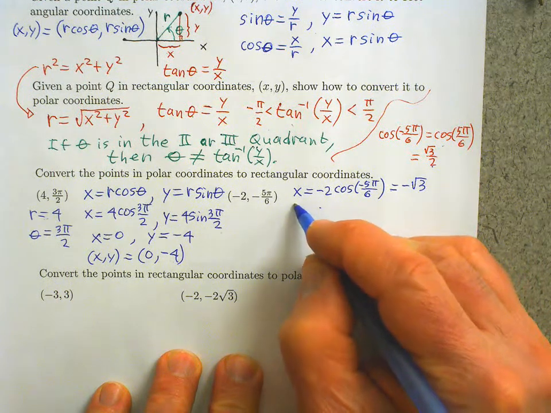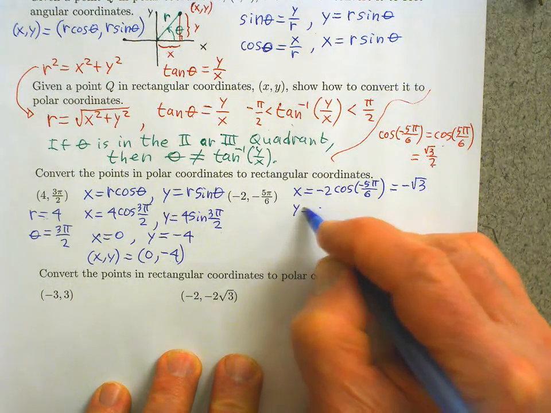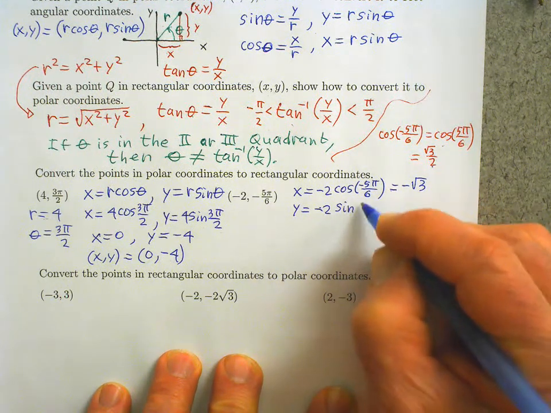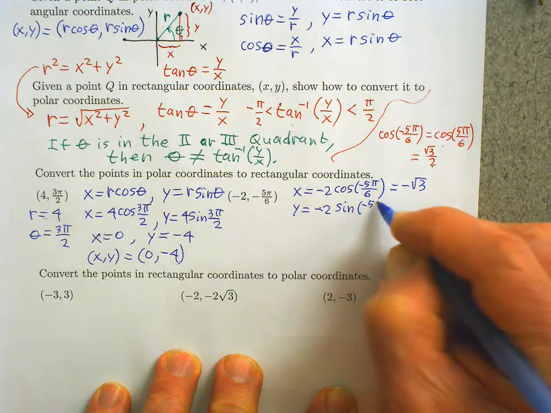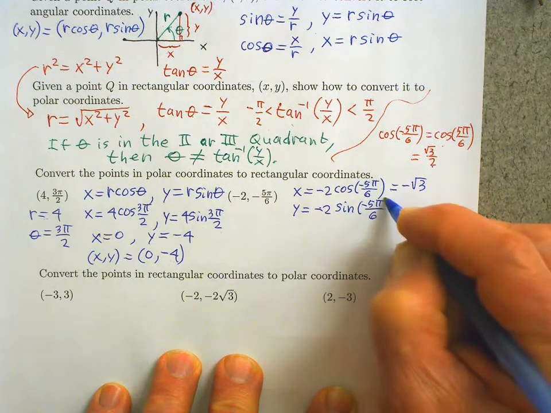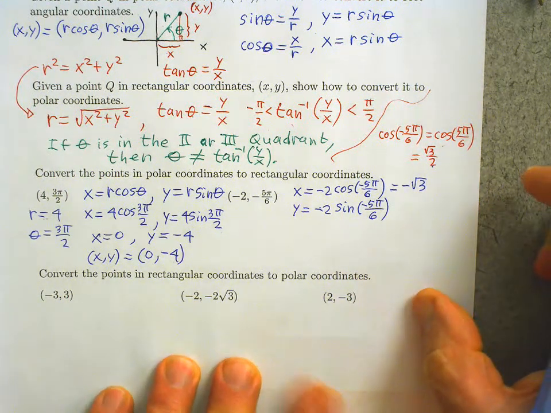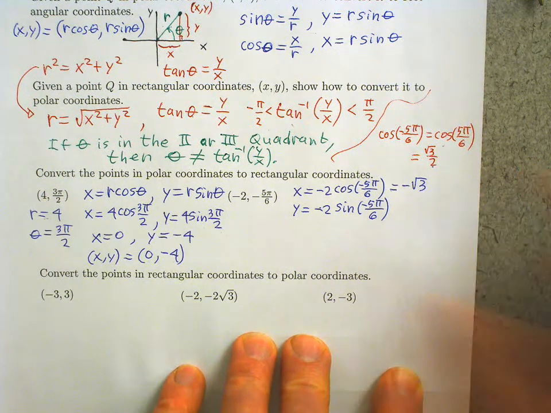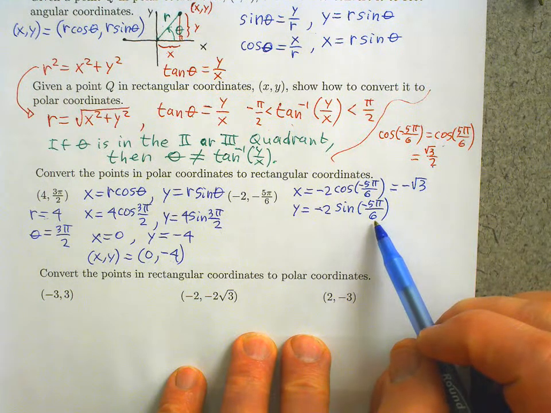And then the y-coordinate is -2 times sine of -5 pi over 6.